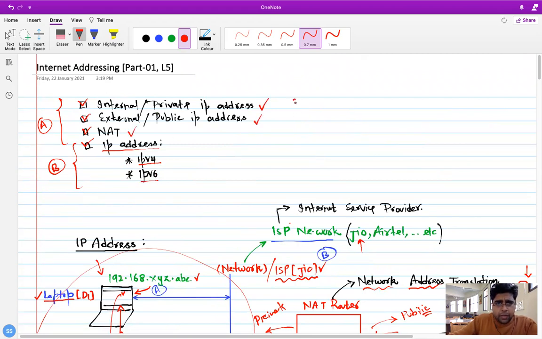But first of all, I would want to ask you a question. Wouldn't there be a simple way to figure out a particular unique machine? Why are we using so many things, private, public, net, and all?